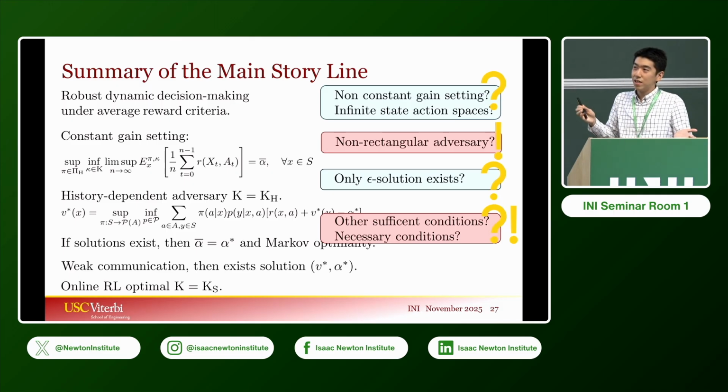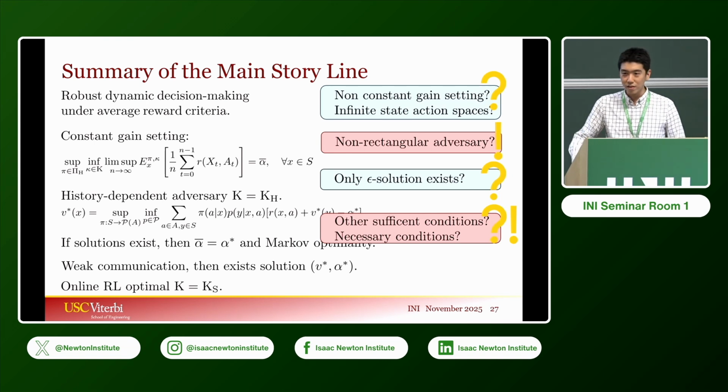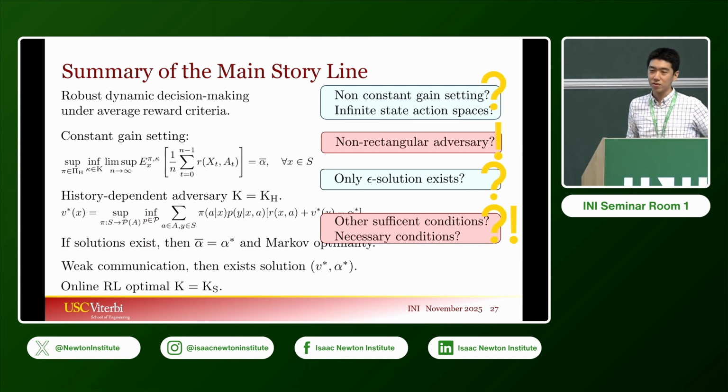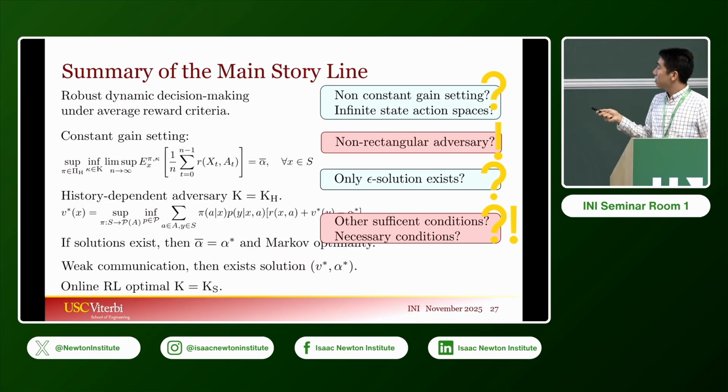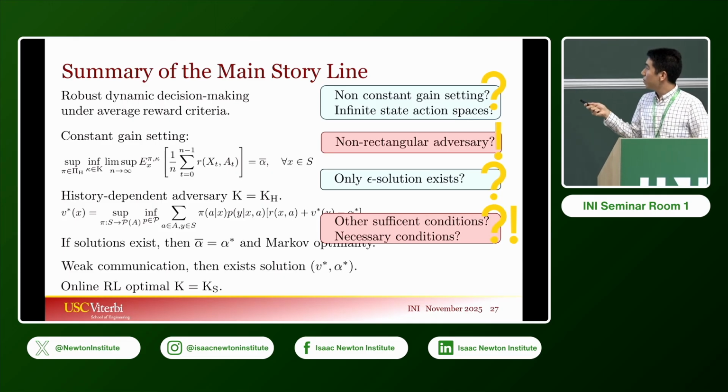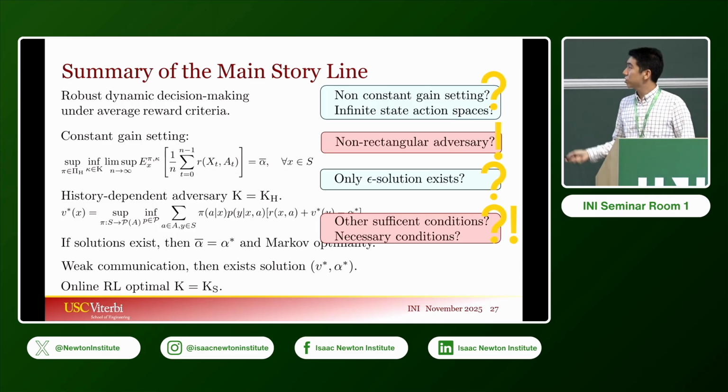But it turns out that that's not exactly true. We have some characterization of the optimal policy there. It's not in terms of a dynamic programming equation, but we have some form of characterization. This is ongoing work. In general, one might not have full solutions to these robust Bellman equations, so what about epsilon solutions?